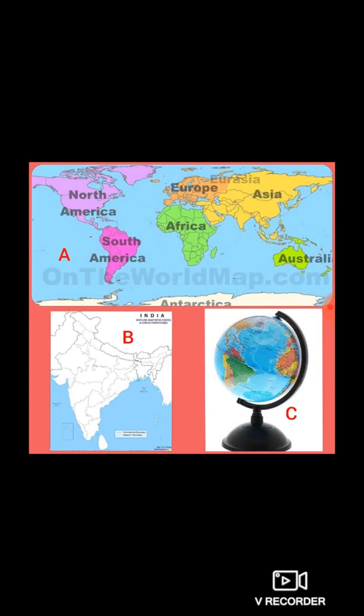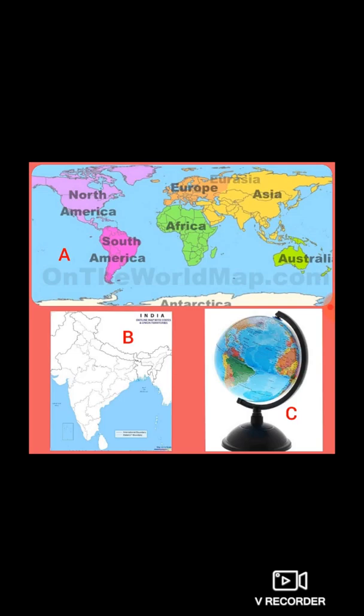If you look in the atlas, the map book, different maps are there. Some maps show crops, some show rainfall, some may show temperature.